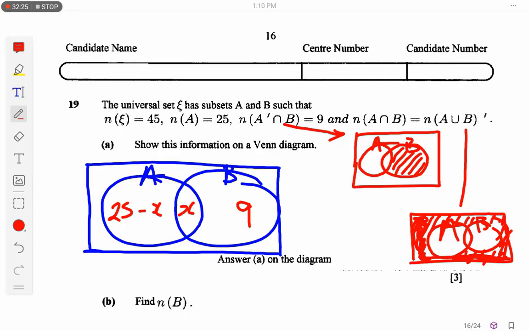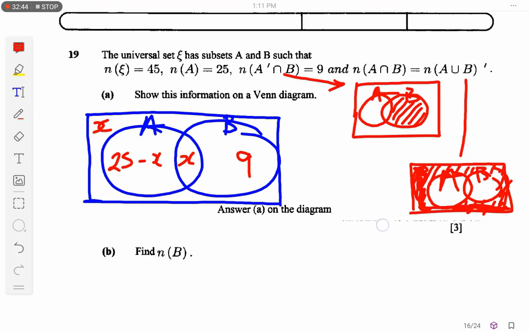Then we also have a certain number that is going to remain, because our B is 9, and there is a remainder that we can also take as an X, which we have said is also the intersection. Now with this information, we can find the value of X.